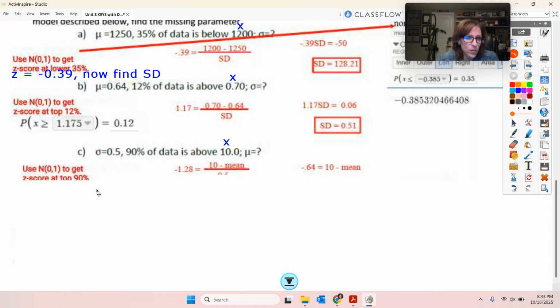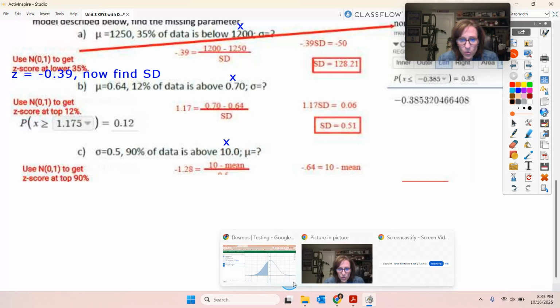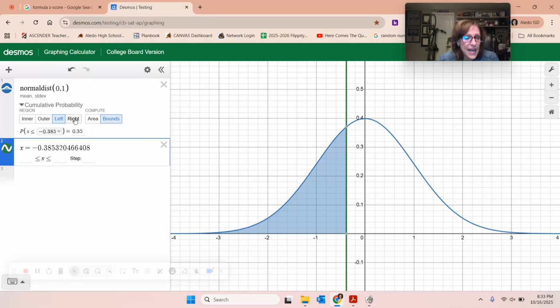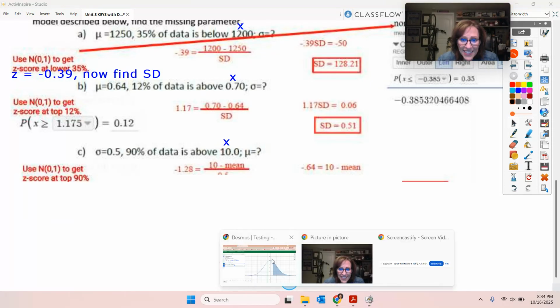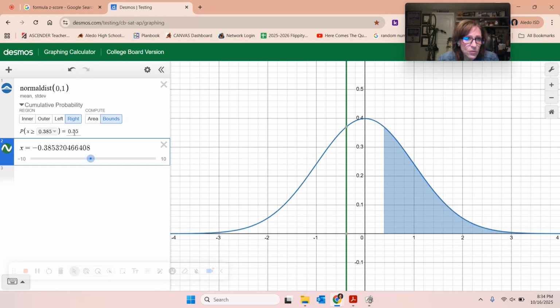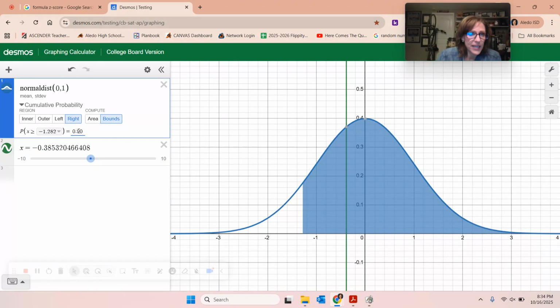So here we go. I'm going to go to my standard normal model. What did it say? 90% of the data is above 10. So 90% to the right.